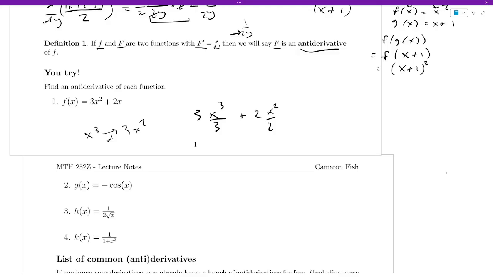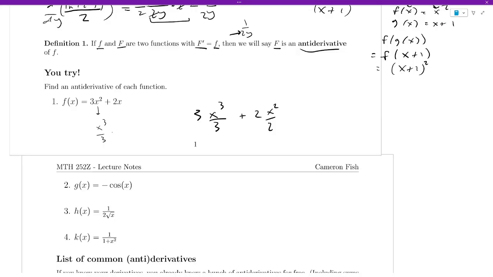Doing it backwards means I'm going to increase the power by 1, and I originally was multiplying by 3, so I'll have to divide by 3 to go backwards. We'll talk about that more in a minute, but that's a good shortcut. This x squared, when I take its antiderivative, I'm going to get x cubed over 3.